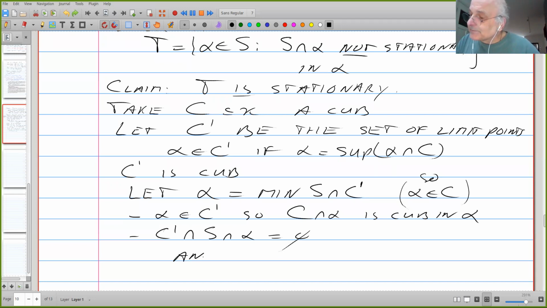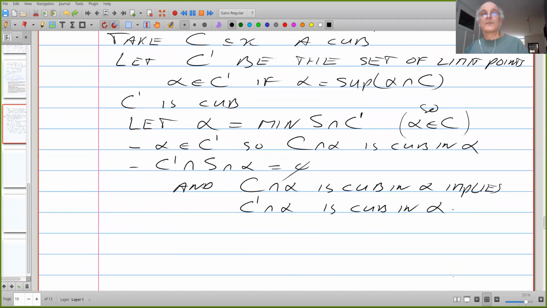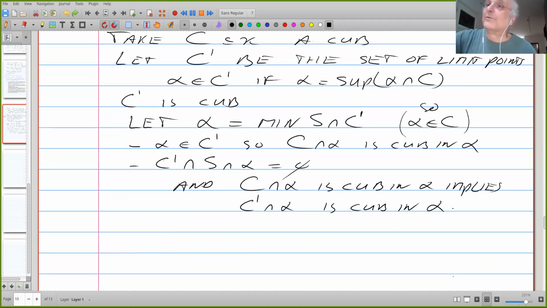And C intersect alpha is club in alpha implies C prime intersect alpha is club in alpha. Because we are only looking at the regular cardinals above. We're looking at regular uncountable cardinals in S. Okay, aleph 0 could be in S, but we throw it out so that every member of S is a regular uncountable cardinal.